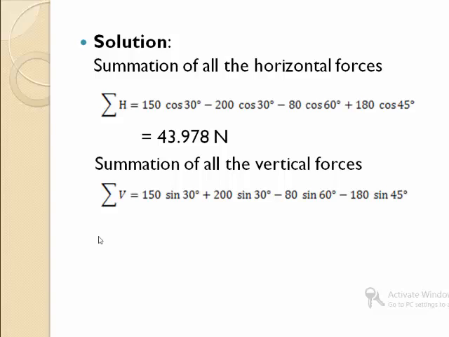So on resolving this, we get the value of summation V as minus 21.5613 Newton. So summation H is positive and summation V is negative, so the resultant will be acting in the fourth quadrant.